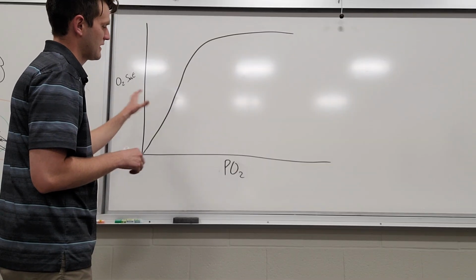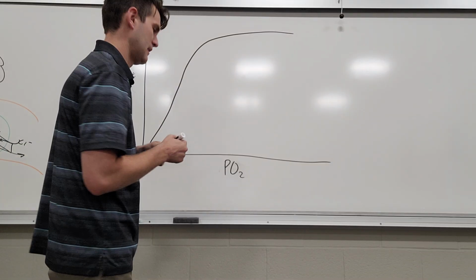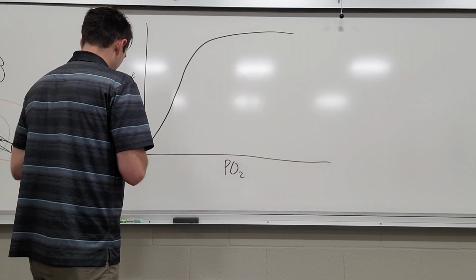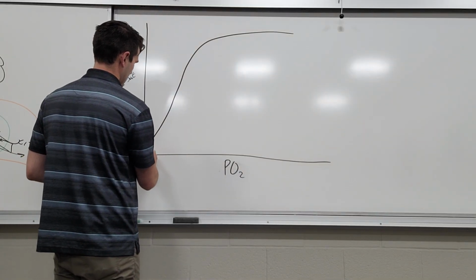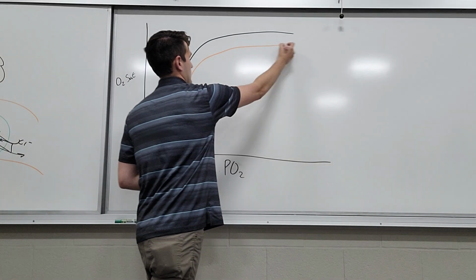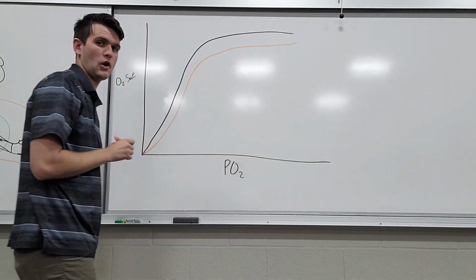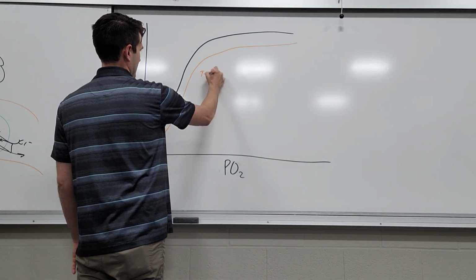But there's a few things that can affect this, or how it goes into that T state. So one thing, let's do this. So this would be like, if our O2 saturation was lower, this is gonna be our T state.